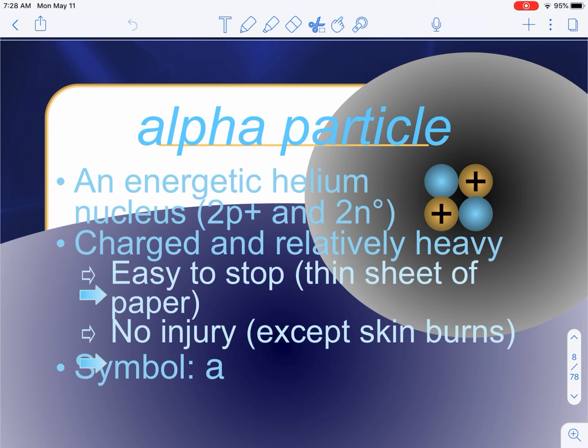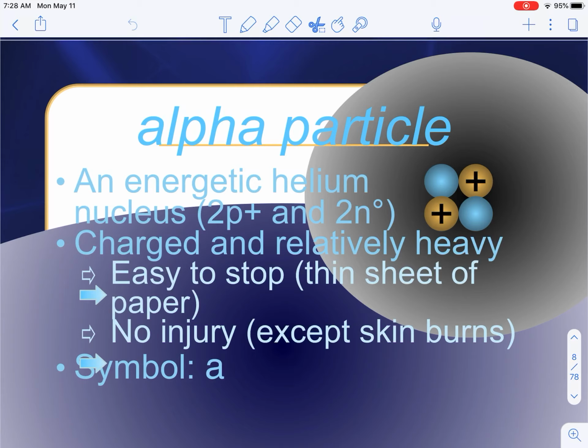Okay. So, an energetic helium nucleus, which has 2 protons and 2 neutrons. It is charged and relatively heavy. It is a +2 charge because it's lost both of its electrons. It's easy to stop. A thin sheet of paper, your skin basically stops it without a problem.